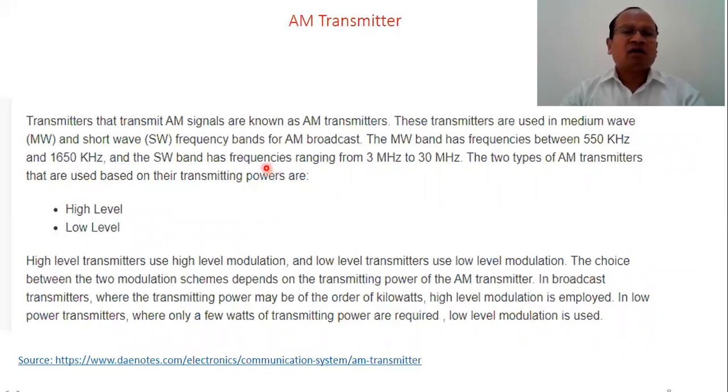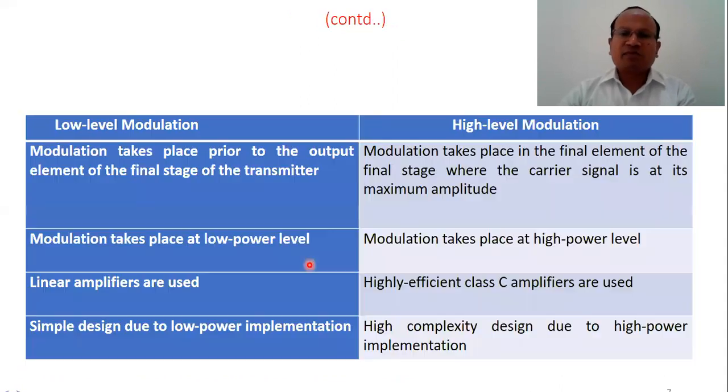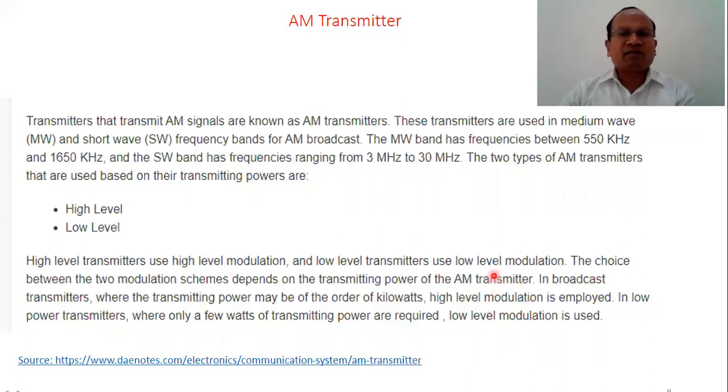And this is also used for the shortwave frequency band that extends from 3 megahertz to 30 megahertz. There are two types of AM transmitters as we have discussed in the previous slide: high level and low level. High level transmitters use high level modulation. In the previous table we have seen high level modulation here. And low level transmitters utilize low level modulation.